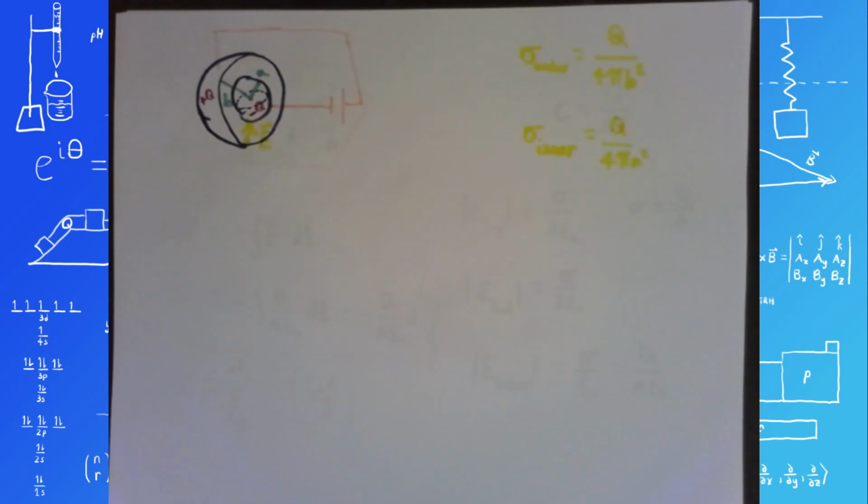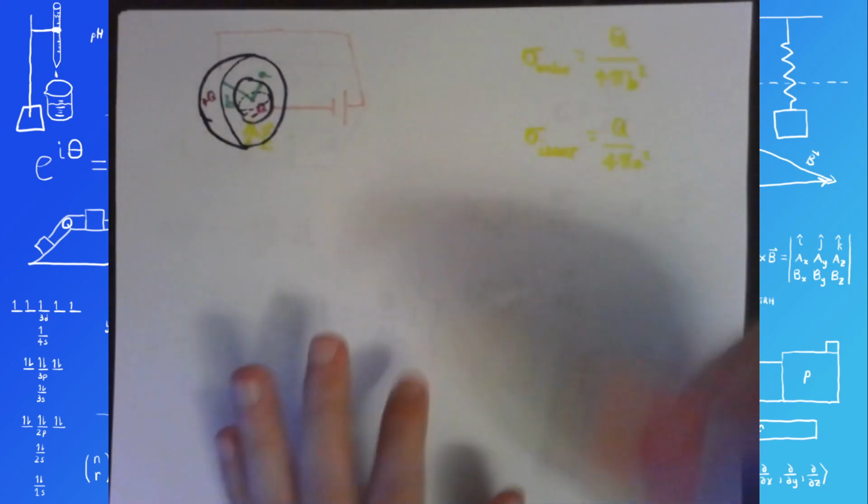Okay, and then if I want to figure out my change in voltage, I'm going to have to first determine what the electric field is in the space between A and B. So let's go ahead and do that. We're going to need Gauss's law for that.